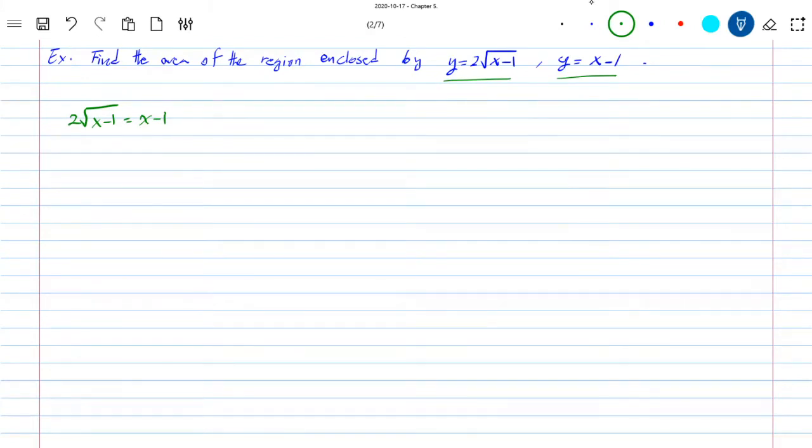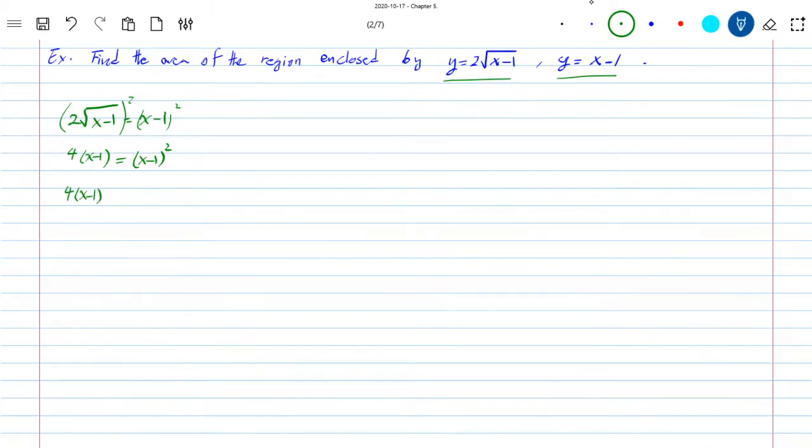You can square both sides just to solve this equation. So you get 4 times (x minus 1) equals (x minus 1) squared. I squared both sides, raised both sides to power 2. Let's move stuff around.